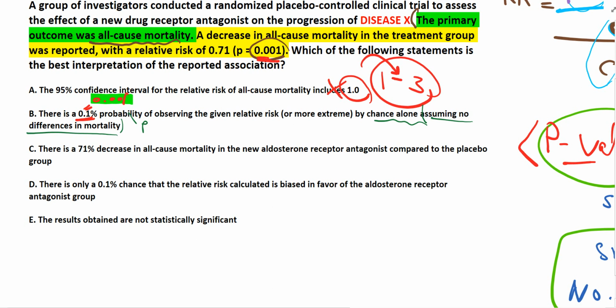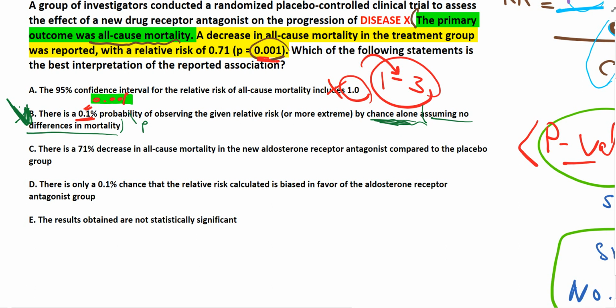So there is no difference in the outcome, because the null hypothesis is saying there is no difference in mortality if you get that specific treatment. So that statement represents the definition by saying by chance alone, and it's telling you the null hypothesis. So this is the closest answer to the question.